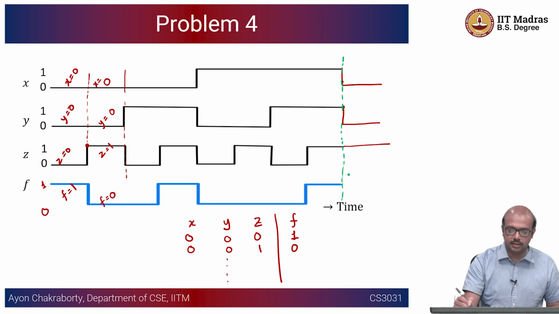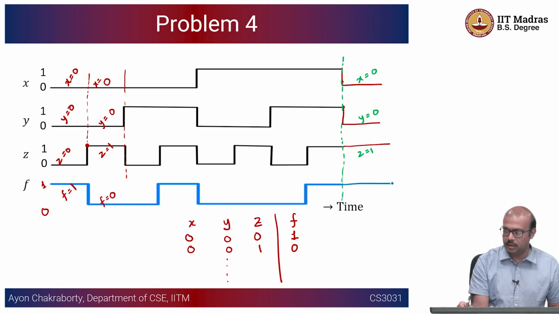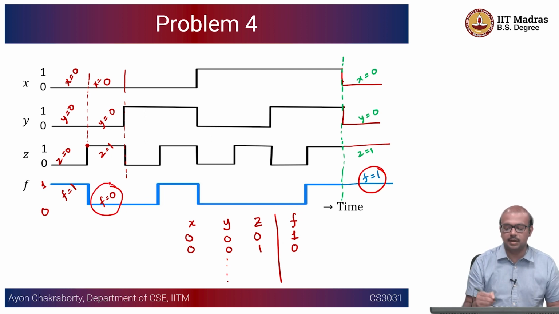Okay, so in this case, say this is x equal to 0, y is equal to 0, z is equal to 1, and let's say this is continuing to be 1. Okay, let's say f is equal to 1. So this is a violation of your functional specification. So I know that for x equal to 0, y equal to 0, z is equal to 1, f is equal to 0, I have already told, right?